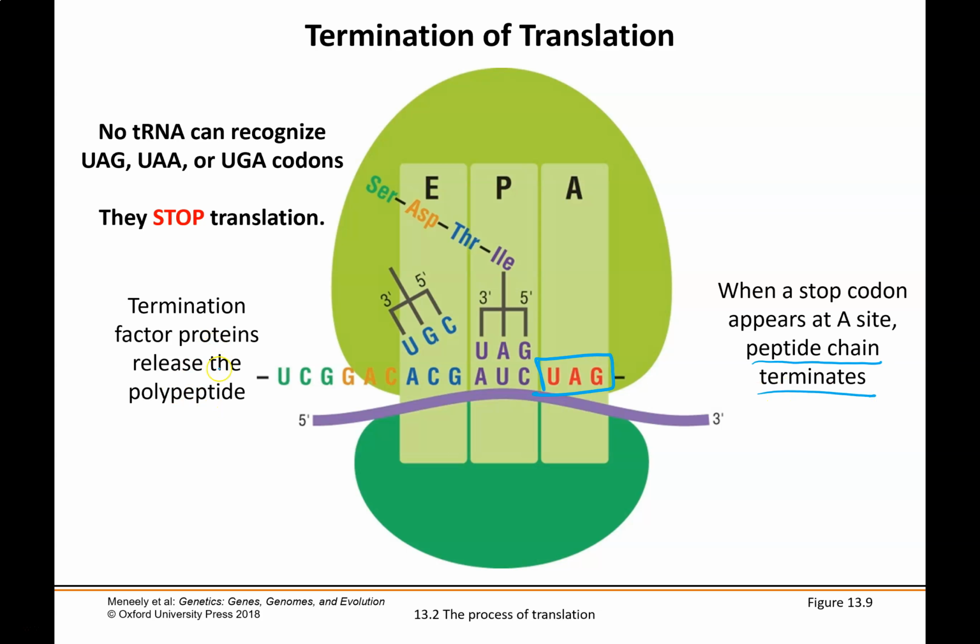There are some proteins that come in at this point called termination factor proteins that sort of disassemble the whole system, release that messenger RNA, release the polypeptide, and that polypeptide chain is then going to be modified and processed into a functional protein.